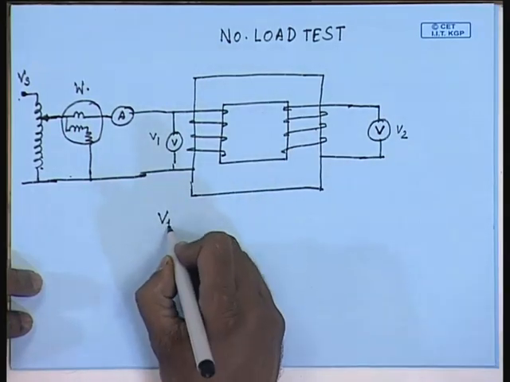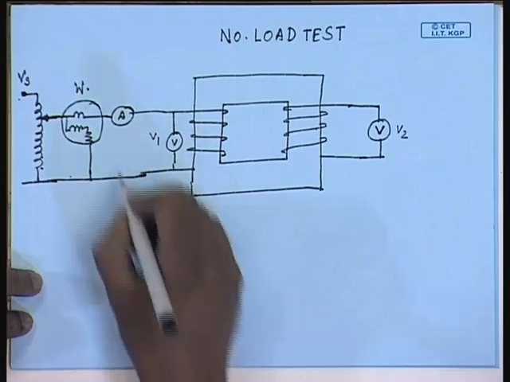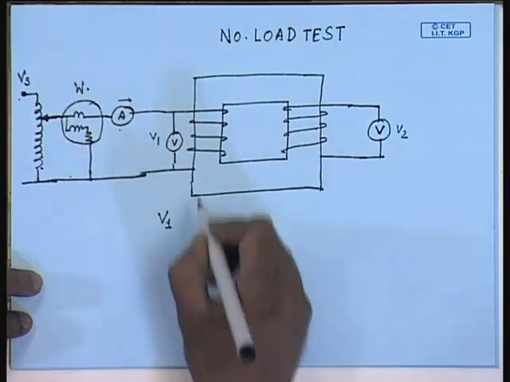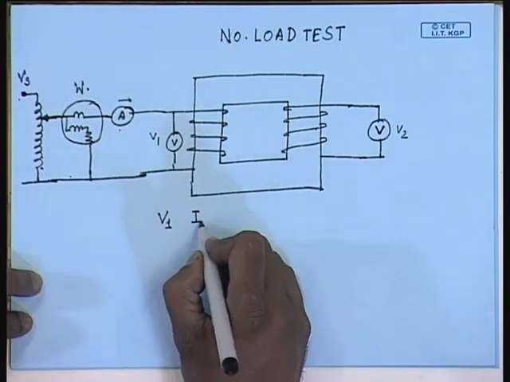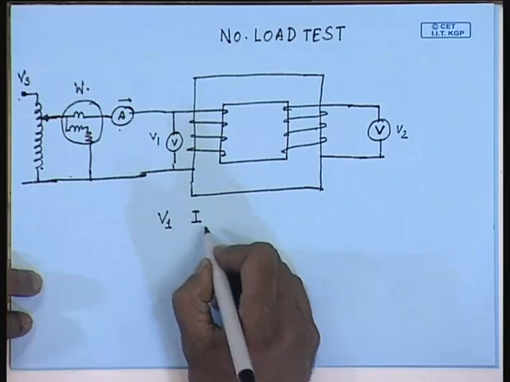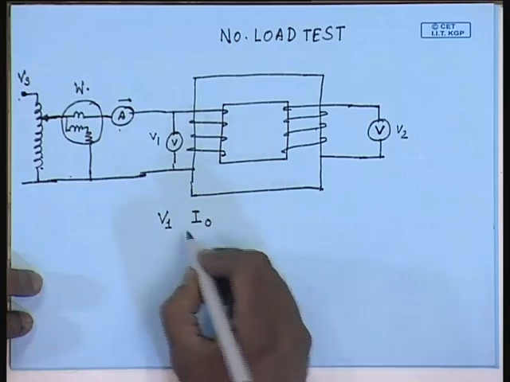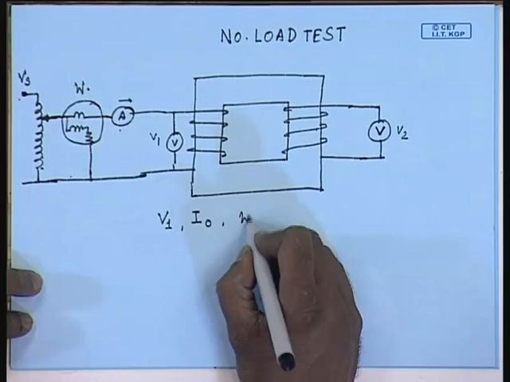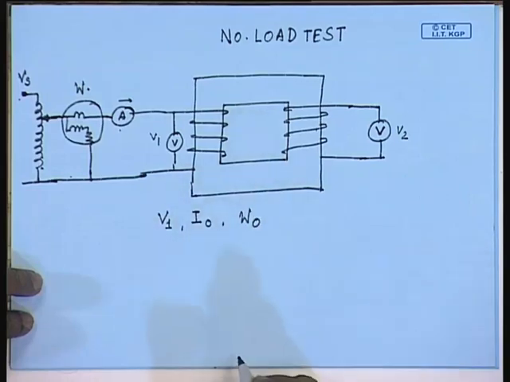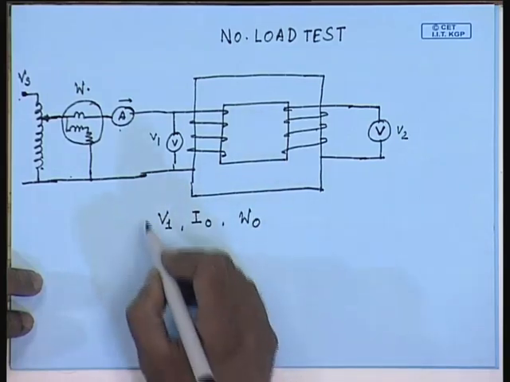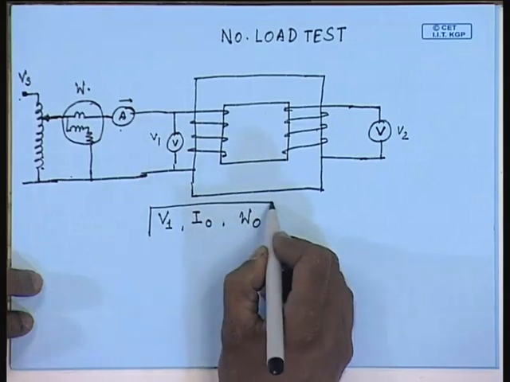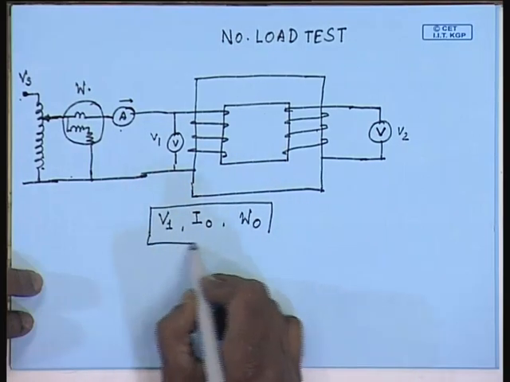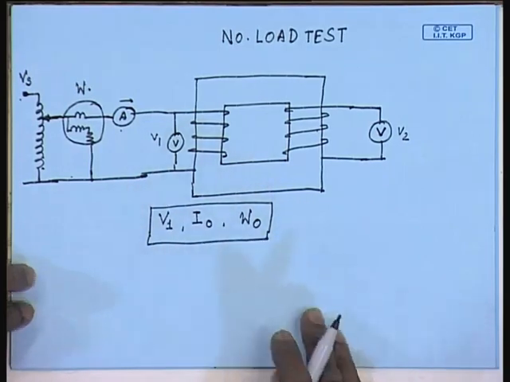We take the readings of V1, this current I0, which is the no load current, and the wattmeter reading W0. From this, we will see how to find out the shunt branch parameters very shortly.